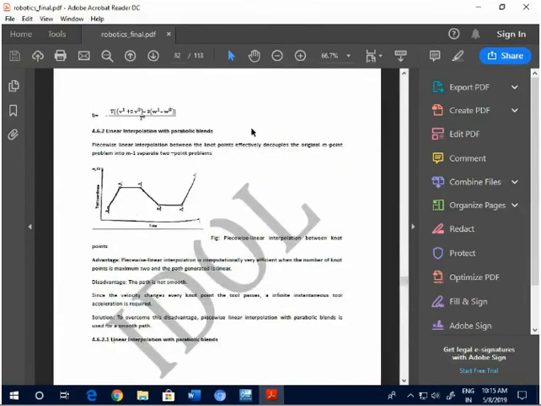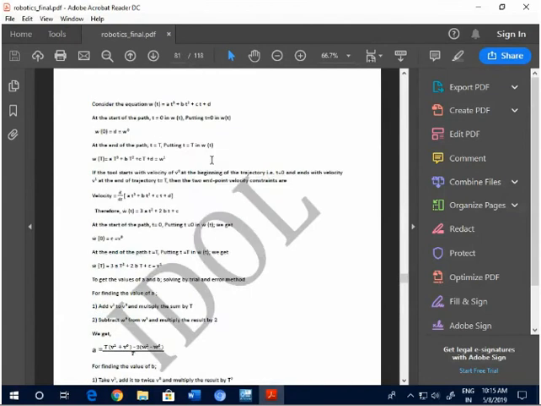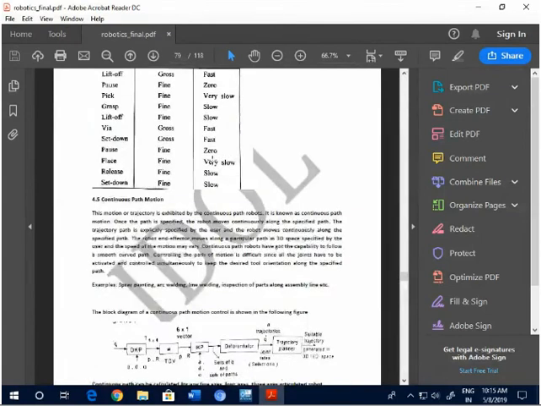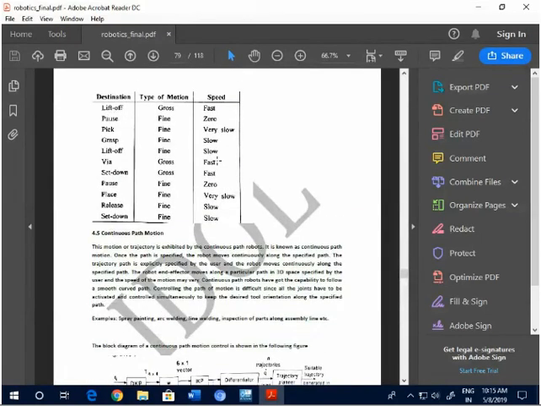Workspace is the work area, or the area in which the robotic influence is experienced, or the area in which it can do the pick and place operations. You can even say that this is the area in which the robot can do useful work, and in which the robotic manipulator is free to move.